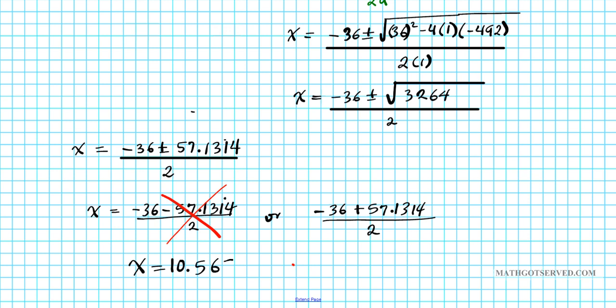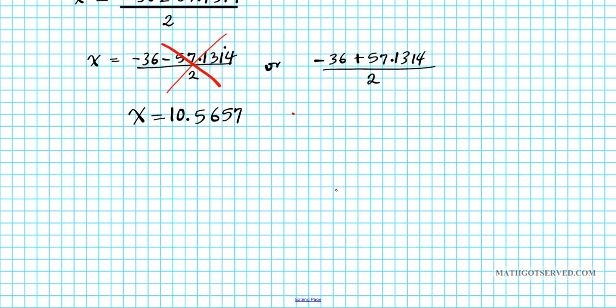Now the question is, is our answer going to be 10 or 11? Can we round up or should we round down? Remember, the area has to be less than 800 or exactly 800. This gives us exactly 800. But since we want a whole number, what is the risk of rounding up?